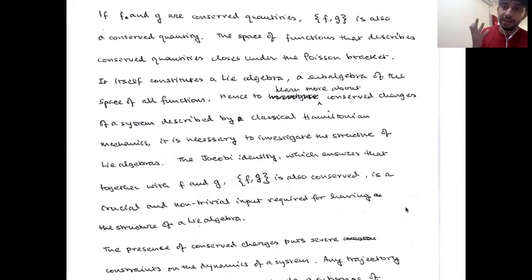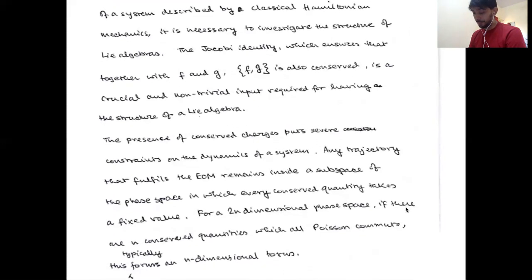Given a Lie algebra, the generators have to satisfy this particular identity all the time. This is one of the defining features of a Lie algebra. We will understand this as we go on.